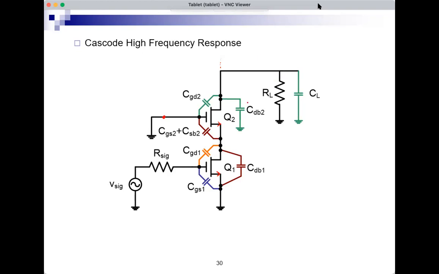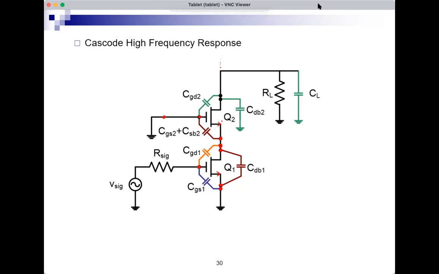And for the MOSFETs, we're showing the capacitors. For Q1, I have CGS1 between gate and source. I have CGD1 between gate and drain. And I have CDB1 between drain and ground. So these are the three capacitors for Q1. For Q2, I have CGS2 between gate and source.